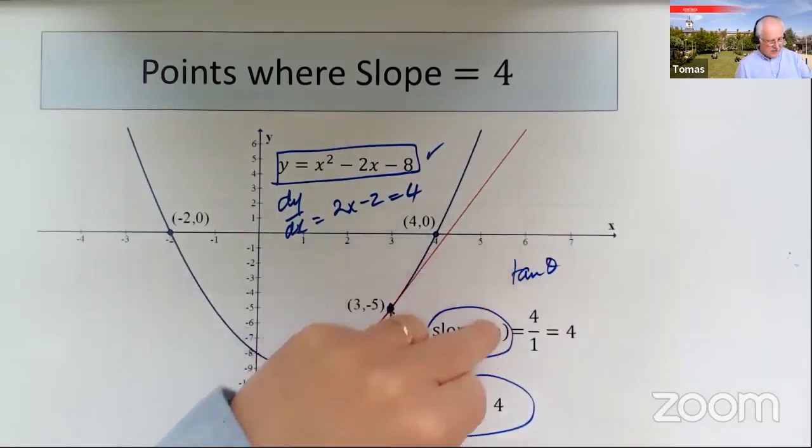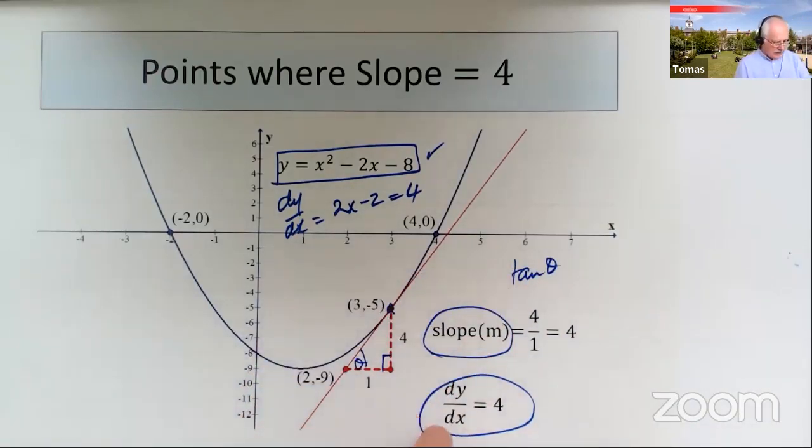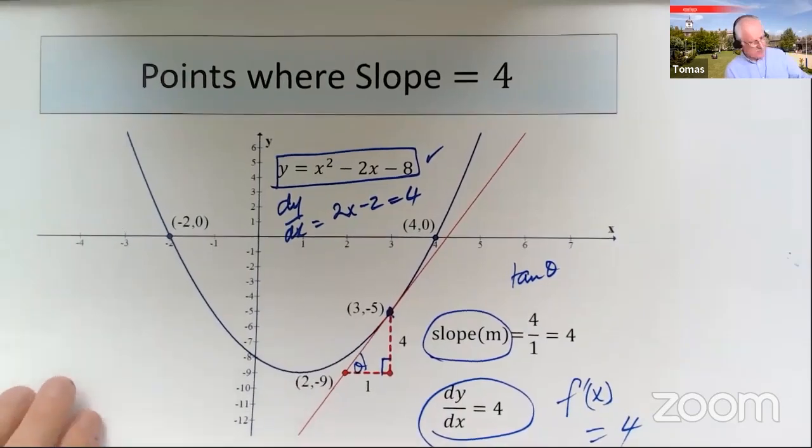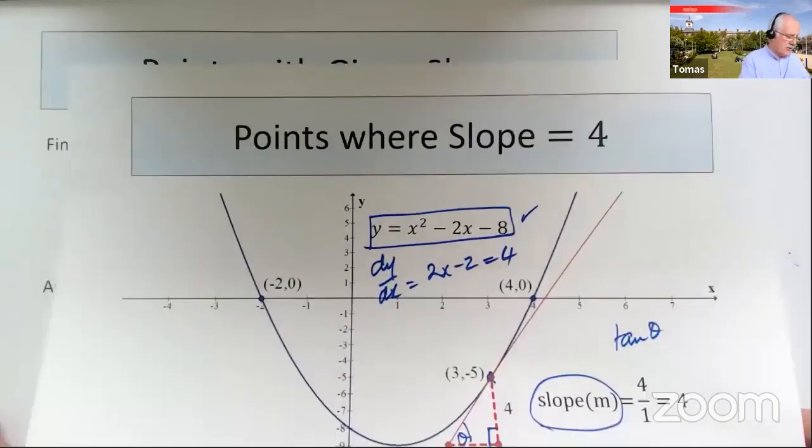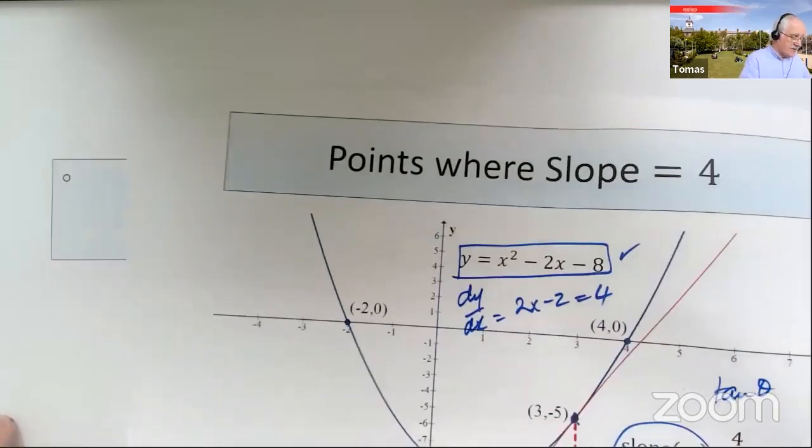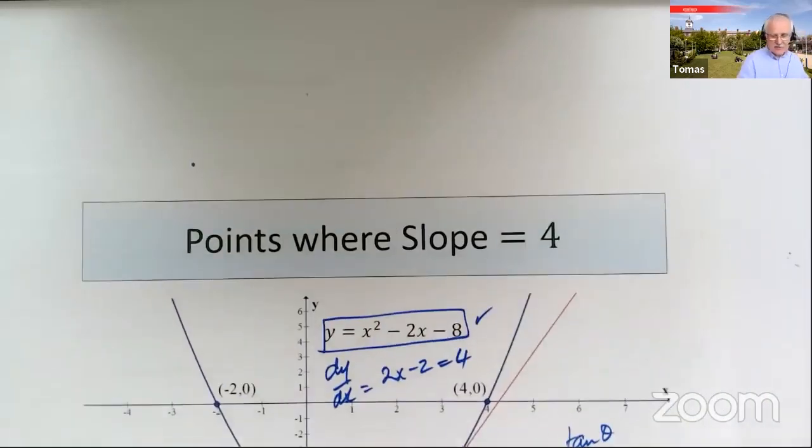So tan of theta and m and dy/dx, or f dash x, whatever way you call it, they're all equal to 4. And that's the end of that. So we've joined up a fair bit there. We've joined up, hopefully, the line, the slope, the dy/dx, the tan, and the trigonometry, and all of those are coming in together.